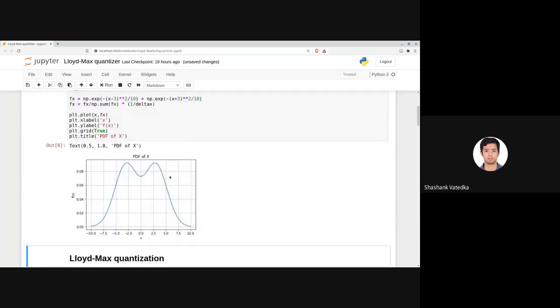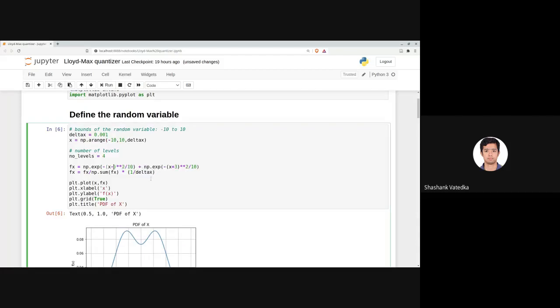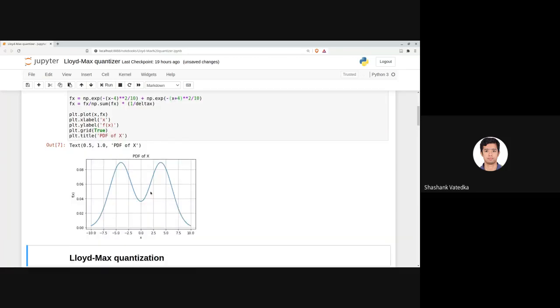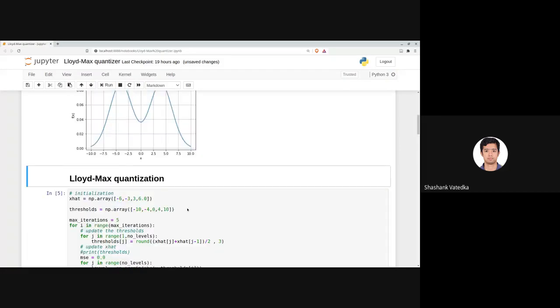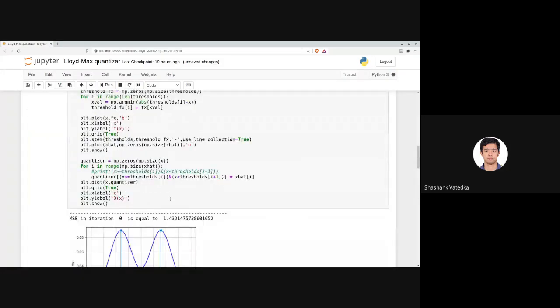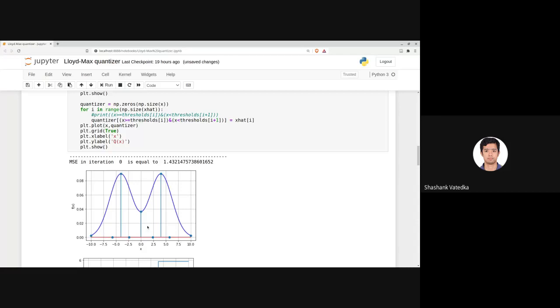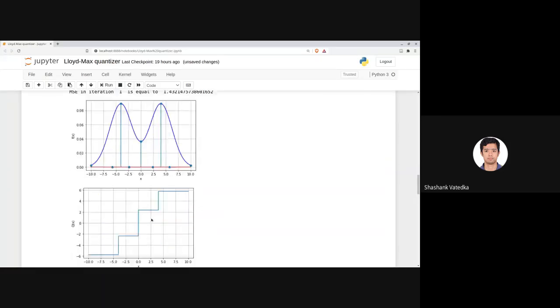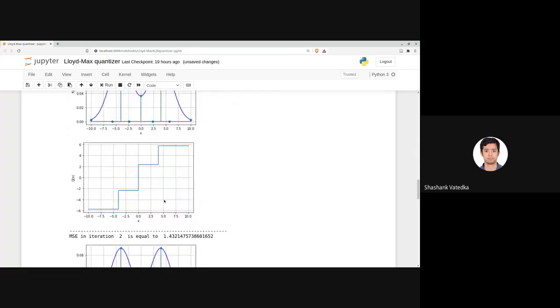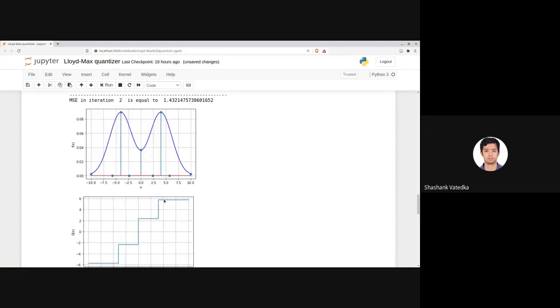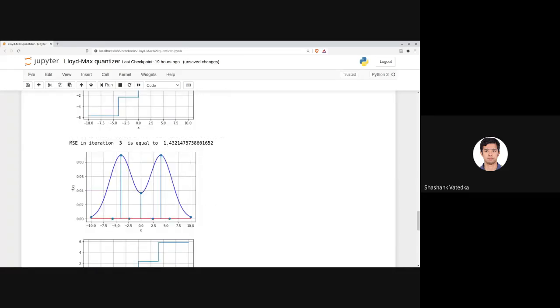The distribution has two modes. Maybe let's make this 4. So this is a density which has two peaks. Now let's see what the quantizer looks like. After one iteration, this is what it looks like. The MSE is 1.432, but it looks like it doesn't change at all. So even just a single iteration is enough, and it converges pretty fast.